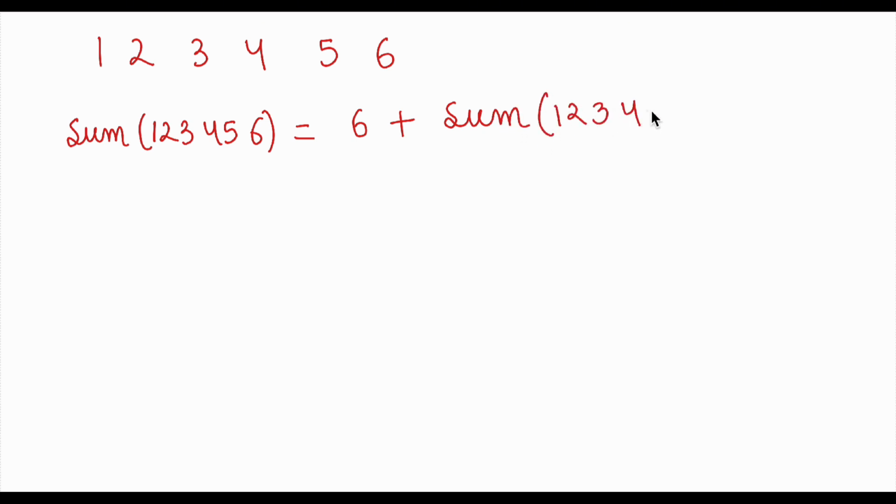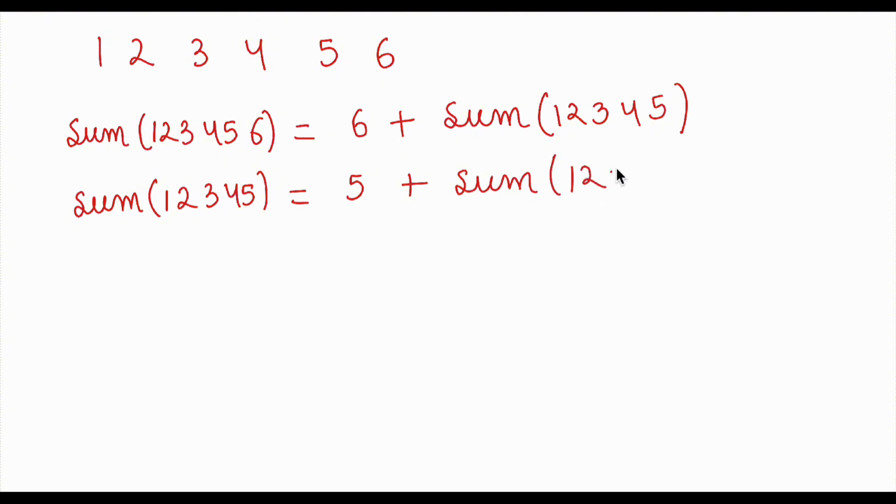Now tell me what is the sum of 1, 2, 3, 4, 5? You will say it will be 5, that is the unit digit, plus the sum of the digits of 1, 2, 3, 4.